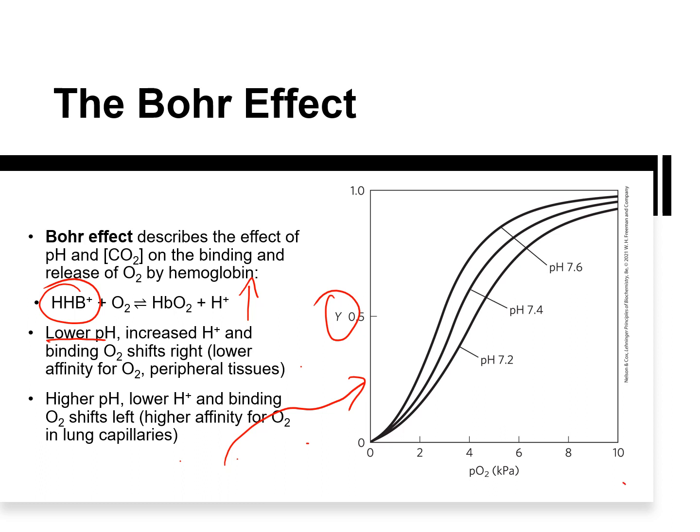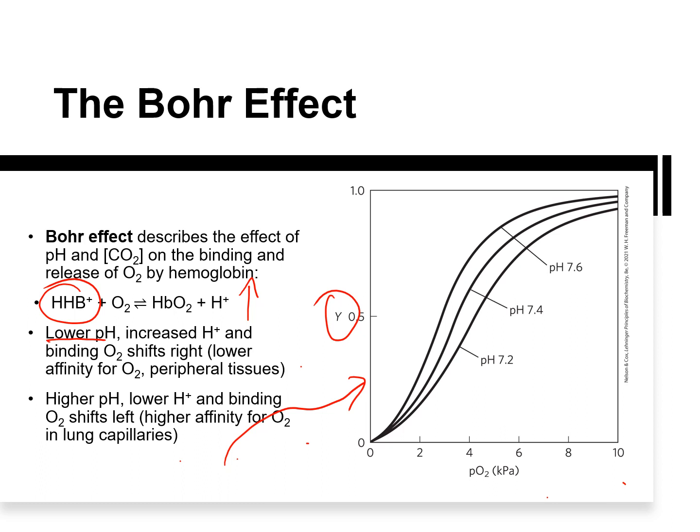Notice at a pH of 7.2, again, relatively high hydrogen ion concentration, this curve has shifted to the right. When this curve shifts to the right, this means it takes a higher oxygen concentration to get to the same level of binding.